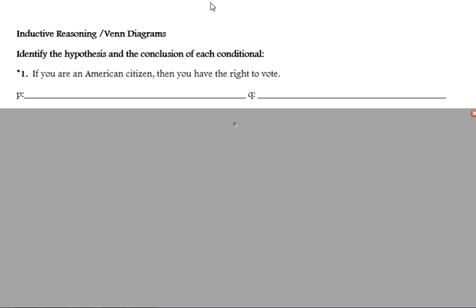Remember, your conditional is an if-then statement, and the hypothesis is everything that follows the word if before the then, and the conclusion is everything that follows the word then.